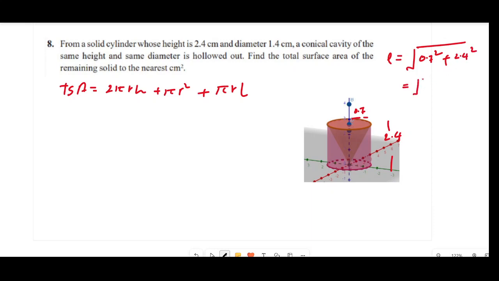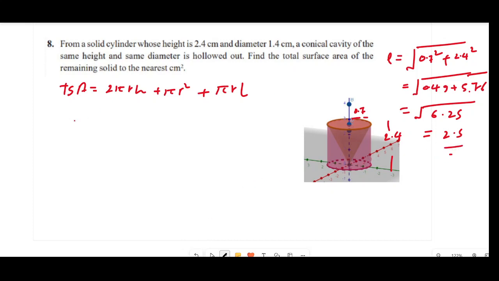Now 7 7s are 49, so 0.49, and 576, so 5.76. After adding we will get 6.25, which is the square of 2.5. Clear? Now this is the value of L.